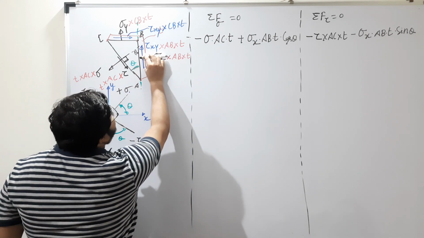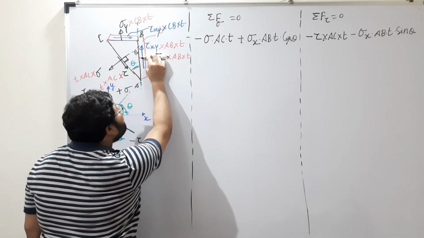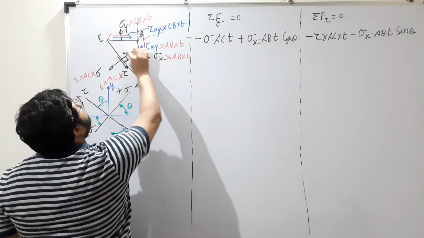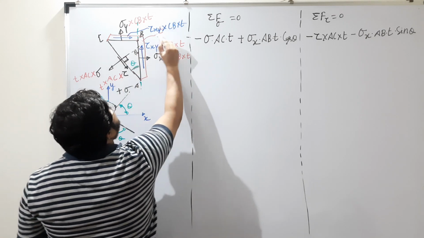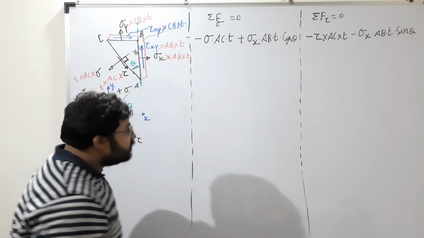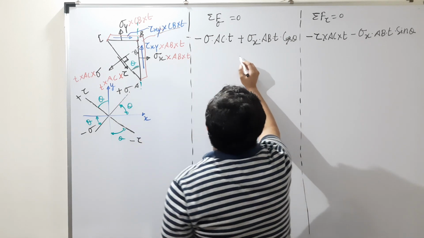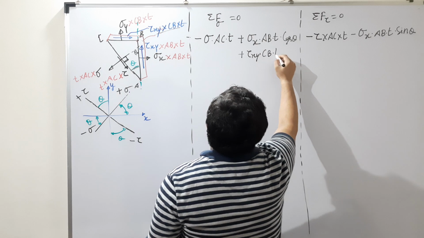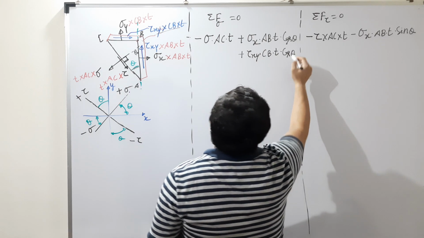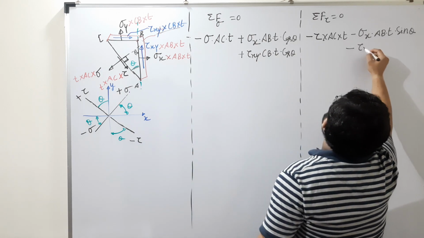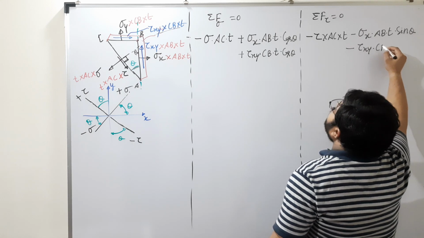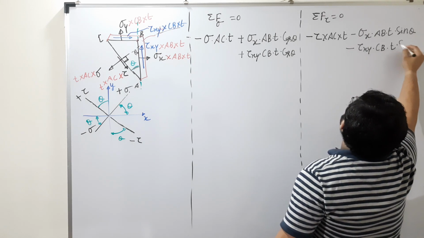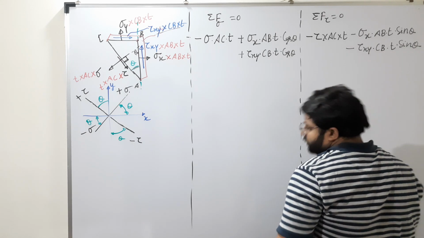The sigma x AB into t force, it will have the components, same component we will get for this tau xy into CB into t. So immediately we will write that also here, plus tau xy into CB into t cos theta minus tau xy into CB into t into sin theta.